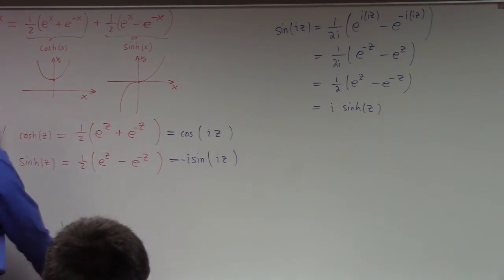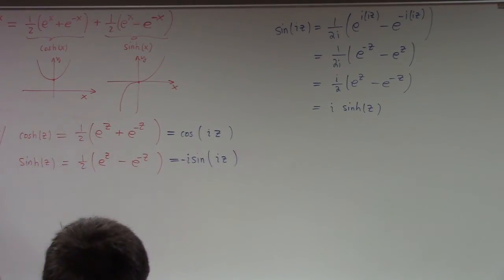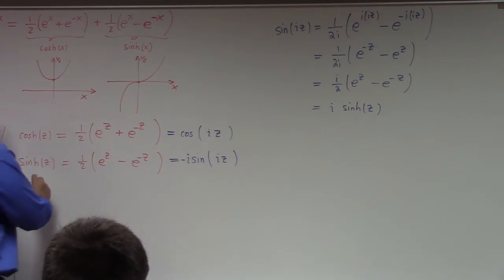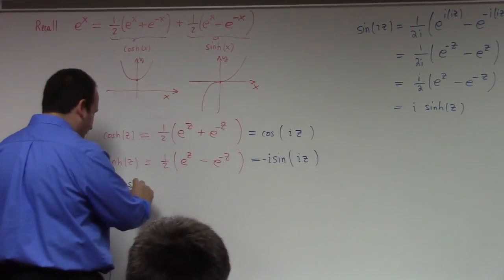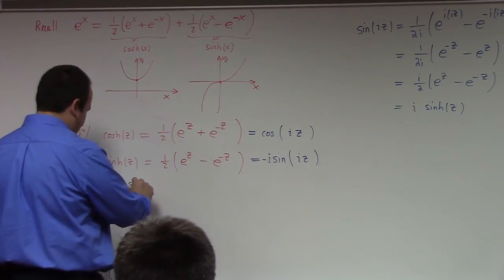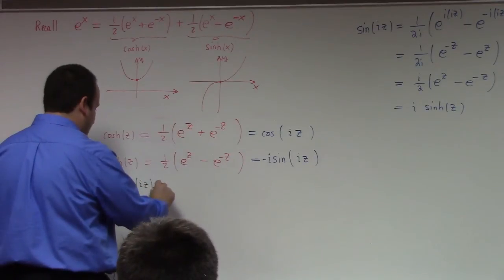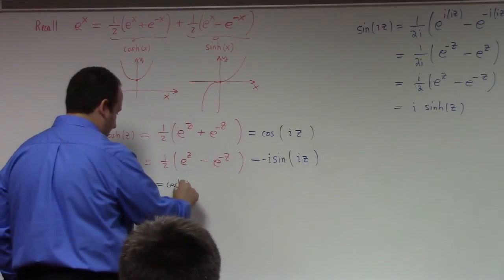It's probably worth writing down while we're at it. Just go ahead and write down the opposites. So cosine of iz is cosh z. That's fine. All right.